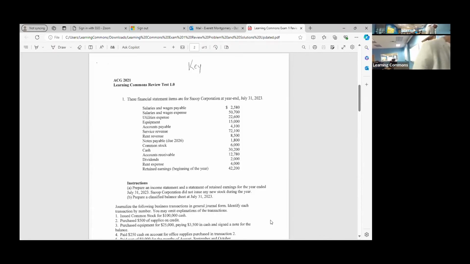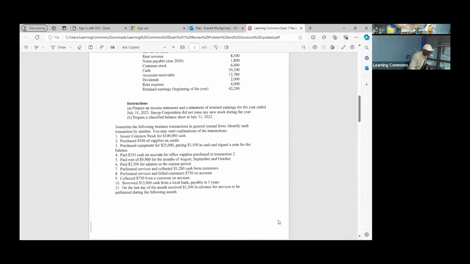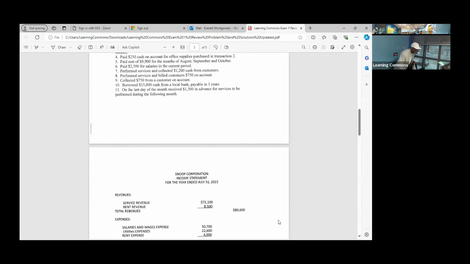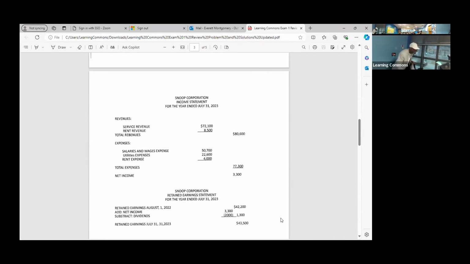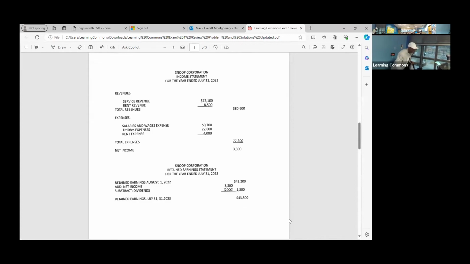I think y'all got it because y'all told me how to do it. Did y'all get that? Can y'all see it? I know it's kind of hard to see.